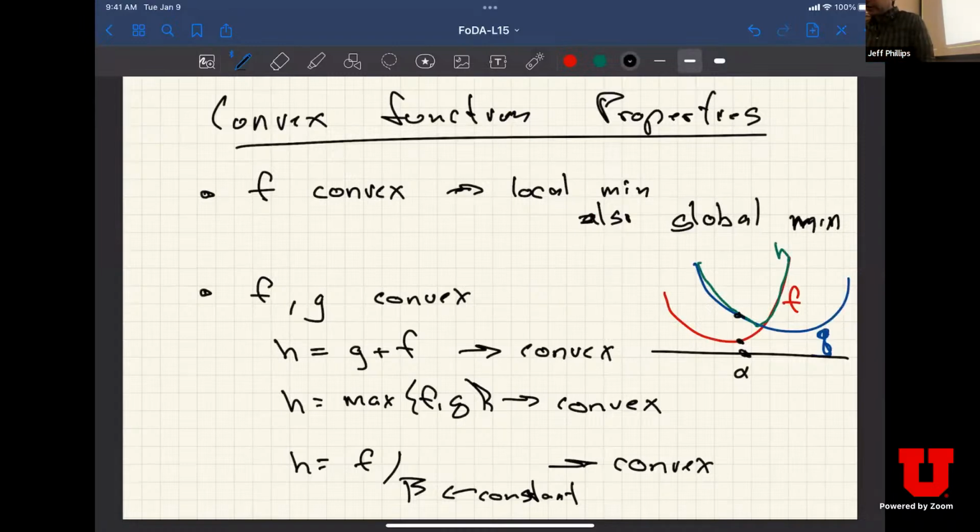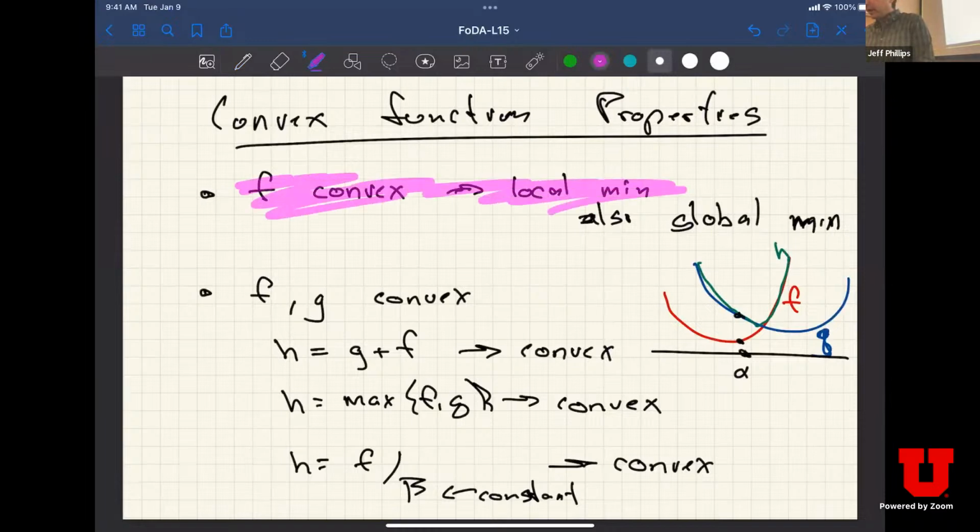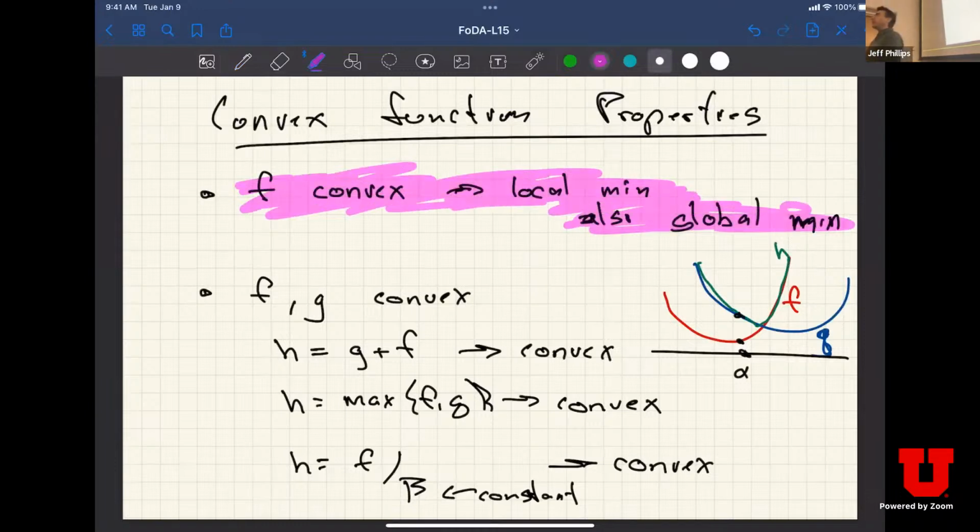So just to review. Convex functions give you this very important property: if you find a local min, that's also going to be the global min.